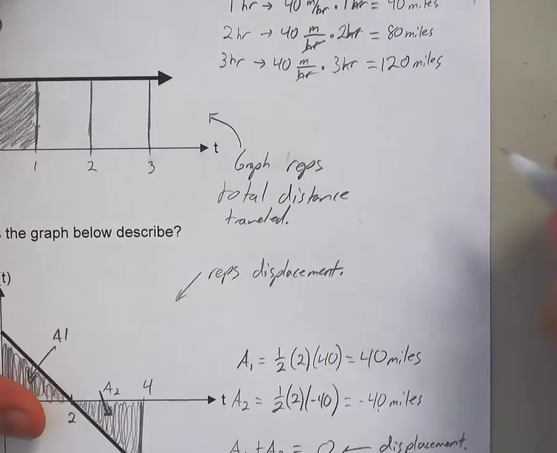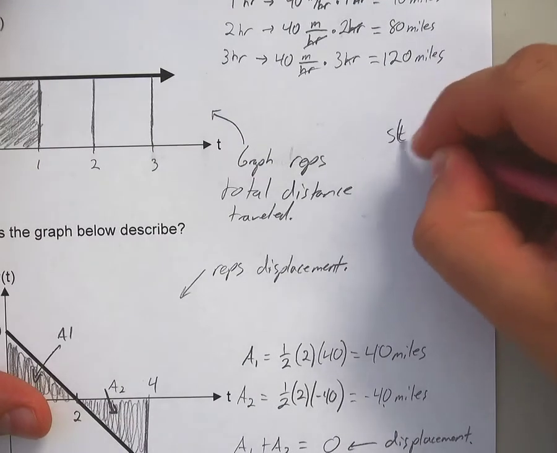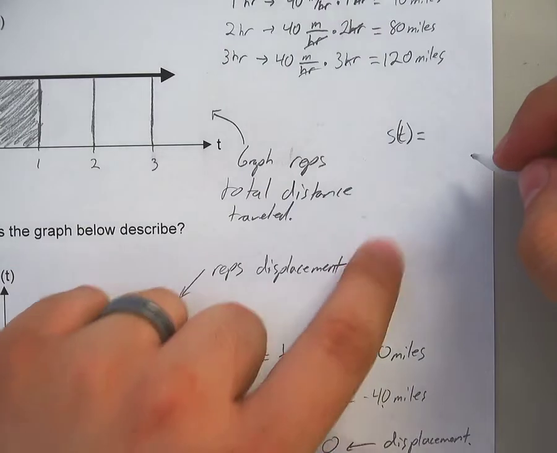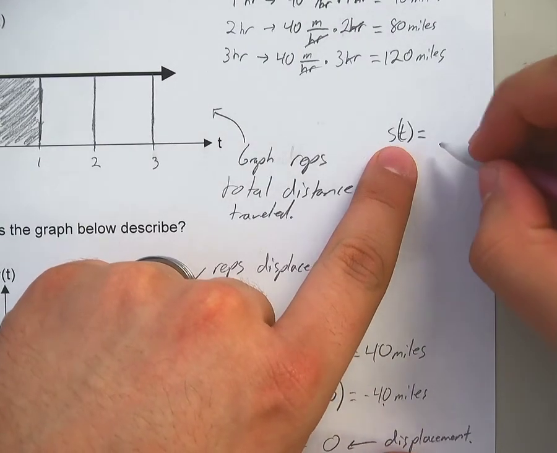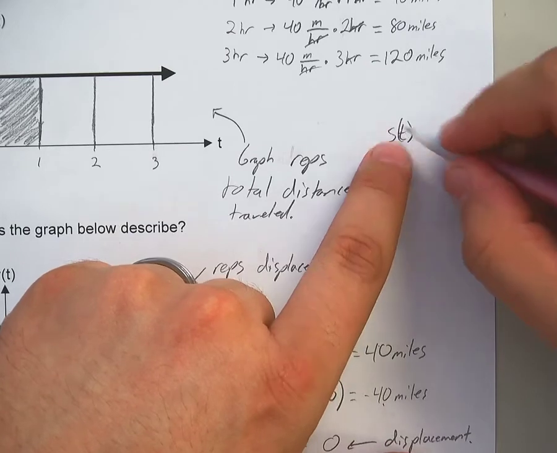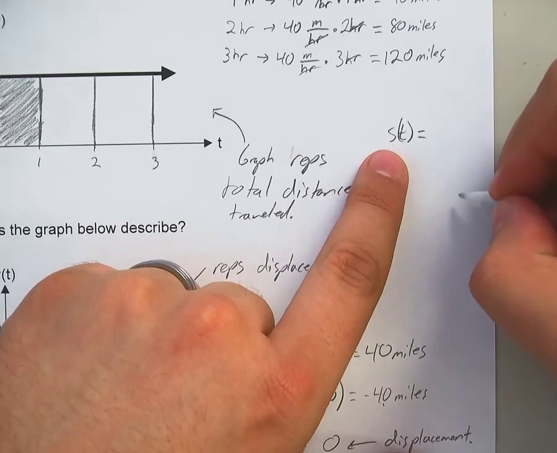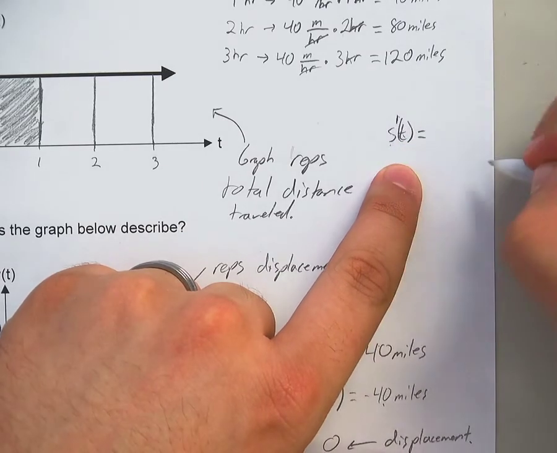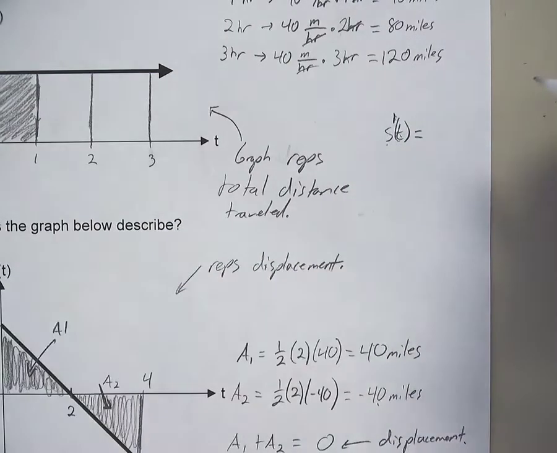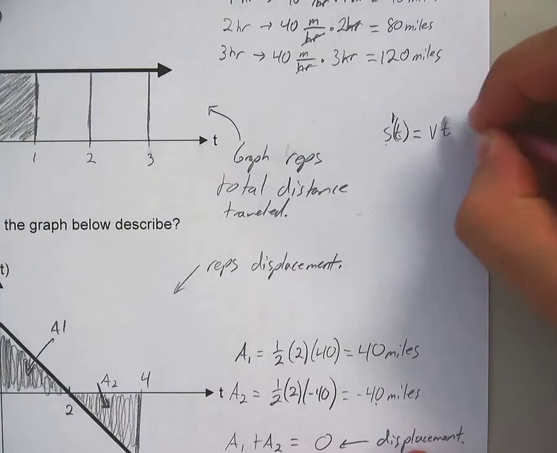Position is s of t. What's the relationship between position and velocity? Well, velocity is the derivative of position, right? So I could write it like this. If you take the derivative of position, s prime, you're going to end up with velocity.